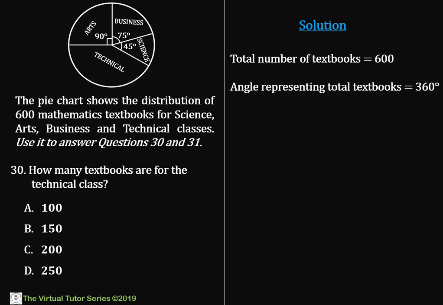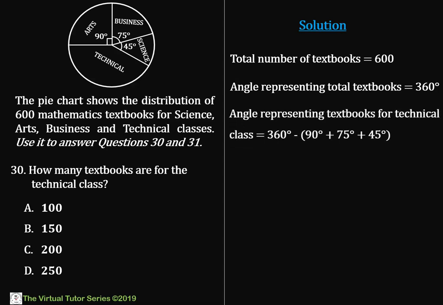That is the total angle in a circle. Therefore, the angle representing textbooks for the technical class is 360 degrees minus the known angles. That is 360 degrees minus (90 degrees plus 75 degrees plus 45 degrees). This results in 150 degrees.